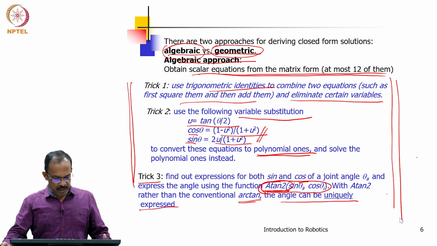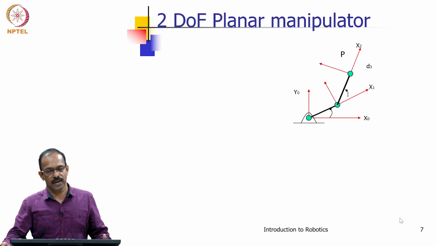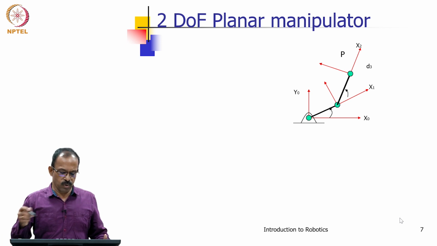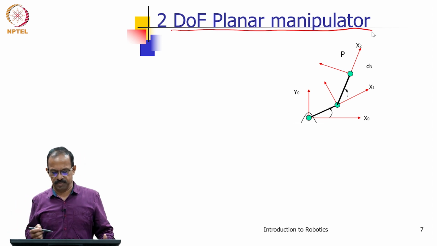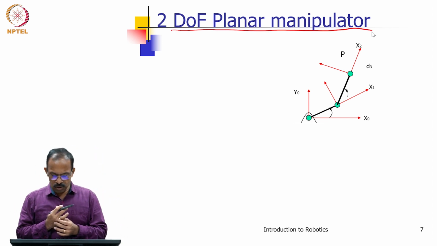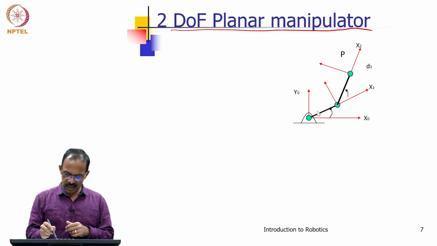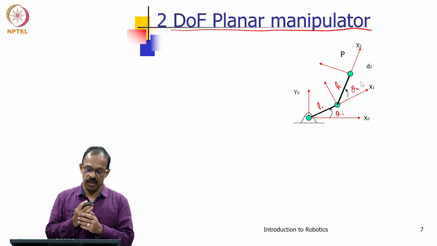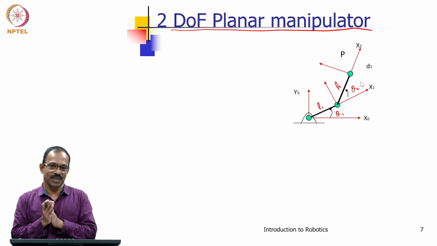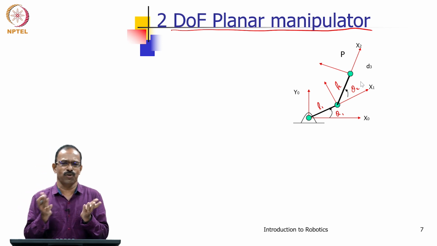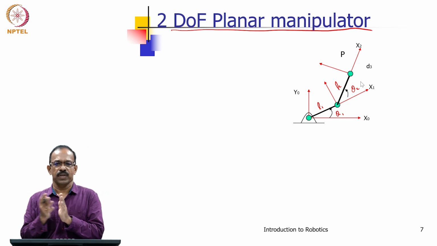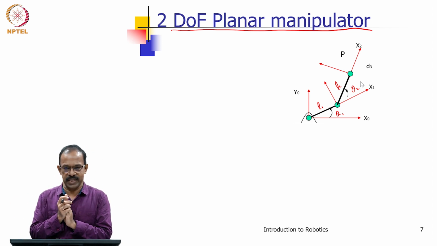So that is about the method of solving the inverse problem. Let us take a very simple example of a 2 degree of freedom planar manipulator. This planar manipulator is given with a link length L1 and a link length L2, and assume this one is theta 1 and this one is theta 2. As I mentioned, to solve the inverse kinematics, we first need the forward kinematics relationship, which gives a matrix.